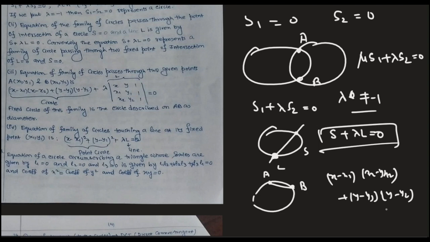So first of all, it represents a circle, plus lambda times the determinant with rows x y 1, x1 y1 1, x2 y2 1, equal to 0. So now this combined equation will be the family of all the members which pass through the points of intersection of the circle with the line.